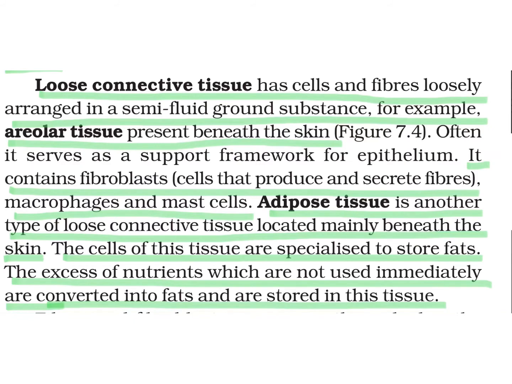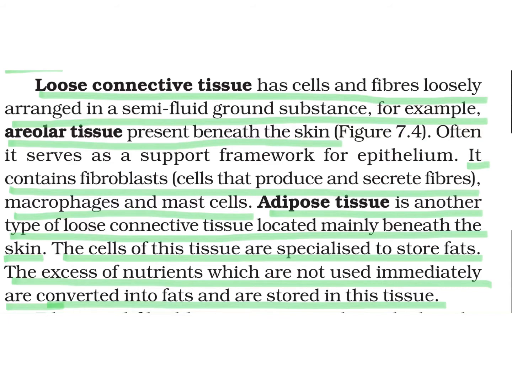Now let's see how the individual connective tissues are defined. First of all, we'll talk about loose connective tissue. It has cells and fibers which are loosely arranged in a semi-fluid ground matrix. Remember students, the ground matrix is the substance which is secreted by cells itself, just as we have described.